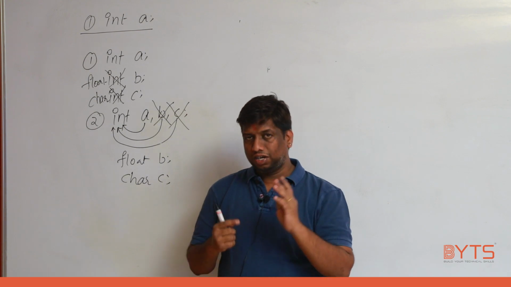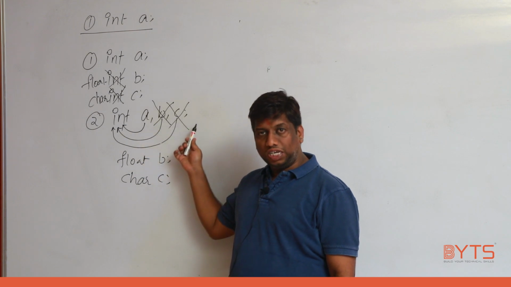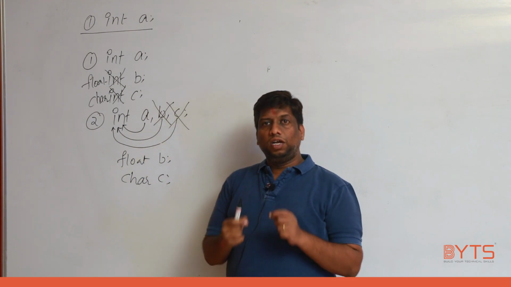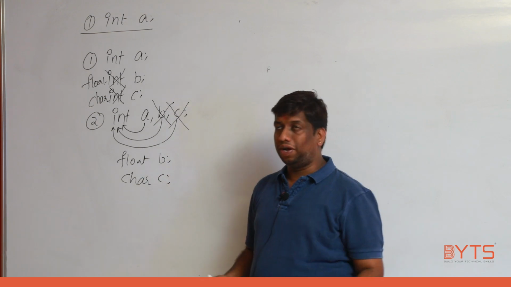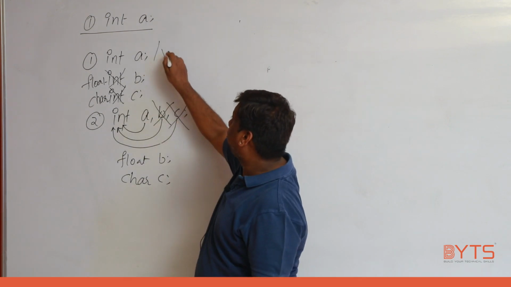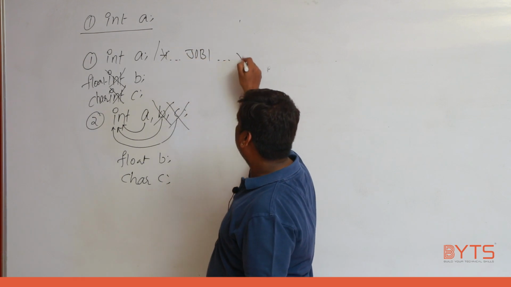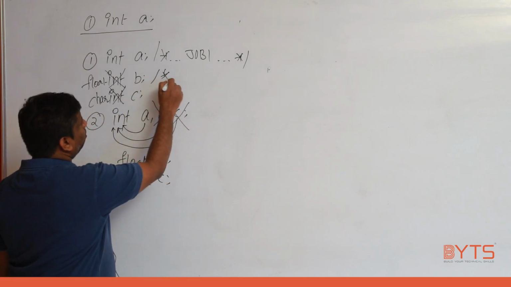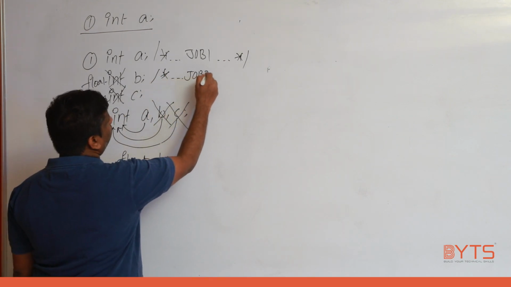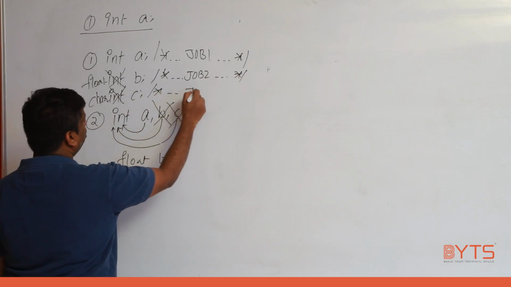The second advantage: A is doing some job, B is doing some job, C is also doing some job. So every variable is doing some job, and I need to write comments. Easily I can write here, this is job 1. Here also job 2, and here job 3.